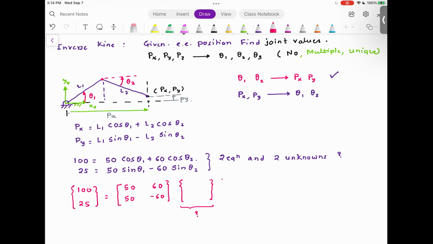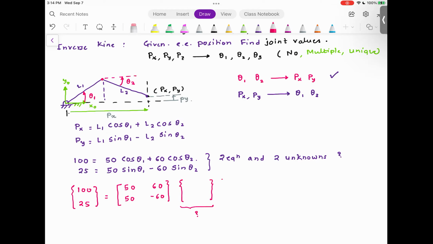Once I convert those equations into tan, I would be only left with 50, some constant multiplied by tan theta 1, or a fraction of tan theta 1, tan theta 2, tan theta 1, and again tan theta 2.